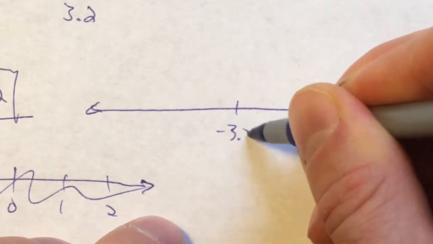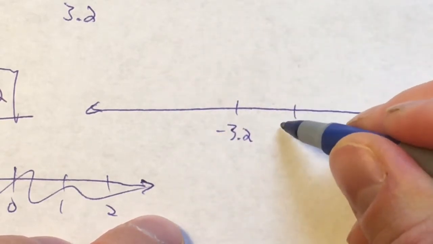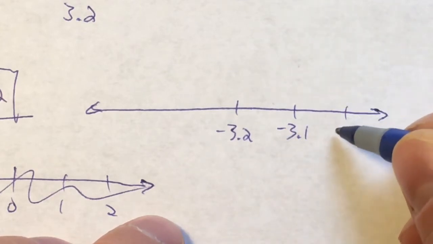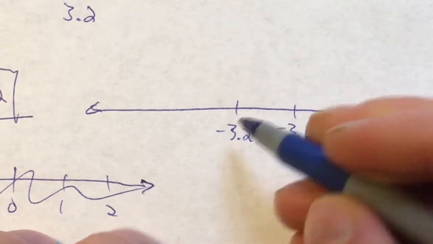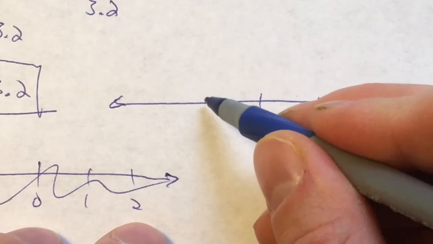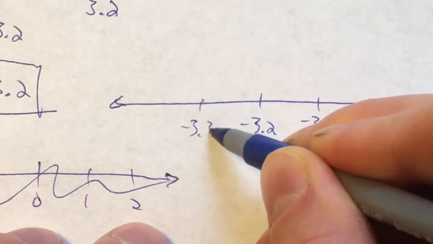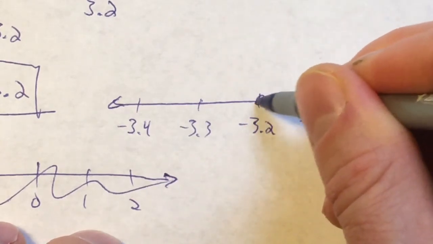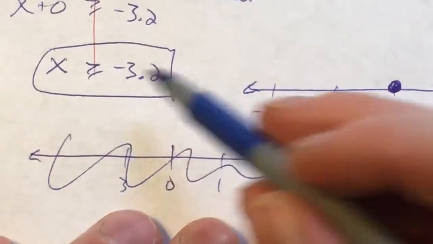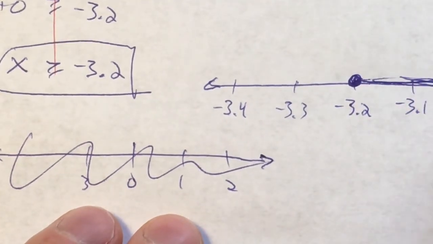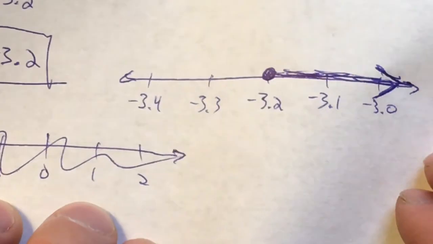I think negative 3.2, and then getting closer to 0, negative 3.1, negative 3.0, like that. It's almost like negative 32, negative 31, negative 30, one way to think of it. So this is going to be negative 3.3, and this is going to be negative 3.4. Circle around that. It does get filled in because it's greater than or equal to, and because it's greater than, it's pointing in this direction. There's your solution.